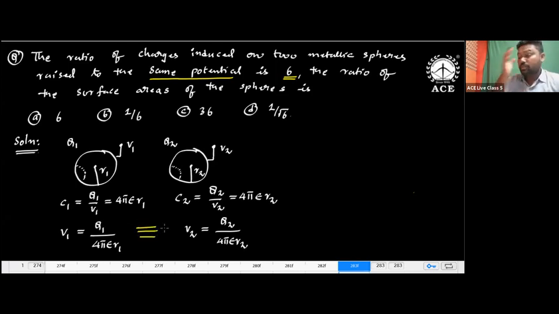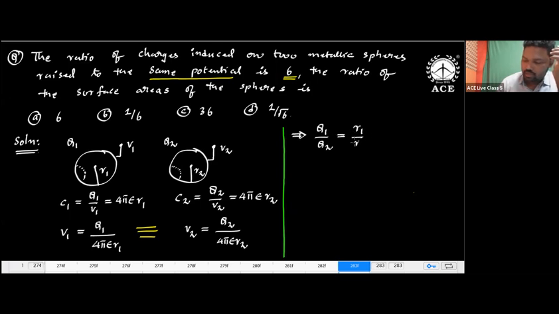They are raised to the same potential. If that is the case, what happens to Q1 by Q2? That implies Q1 by Q2 is equal to R1 by R2, which is equal to how much? The ratio of charges induced on the spheres raised to the same potential is 6.